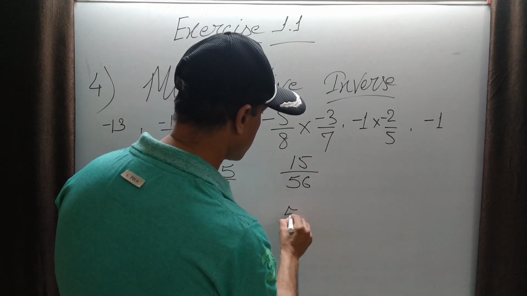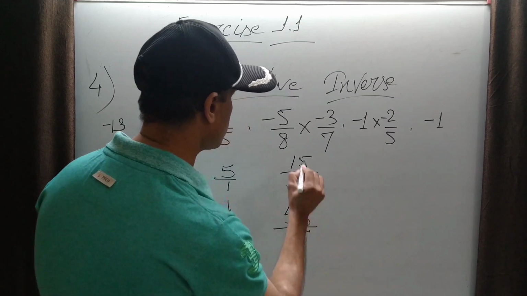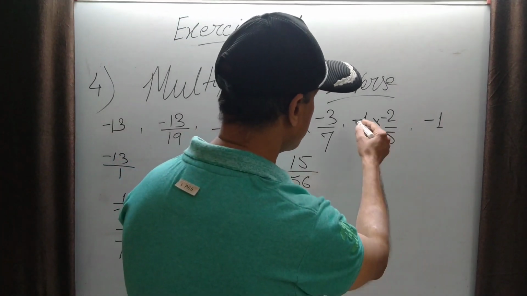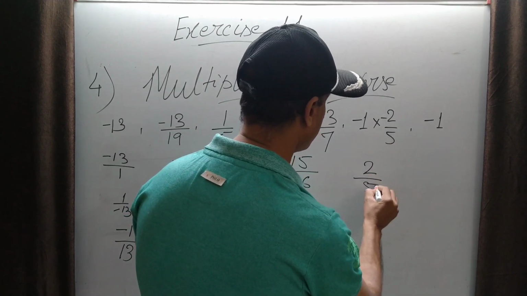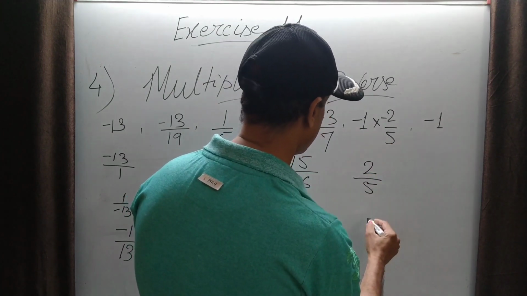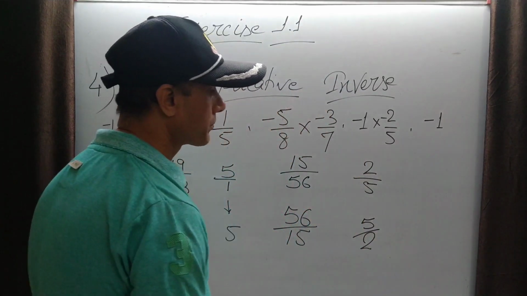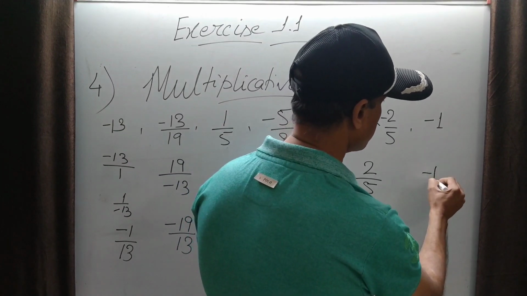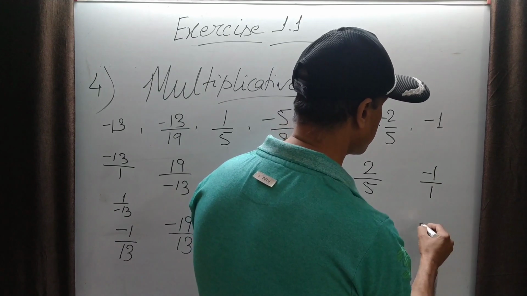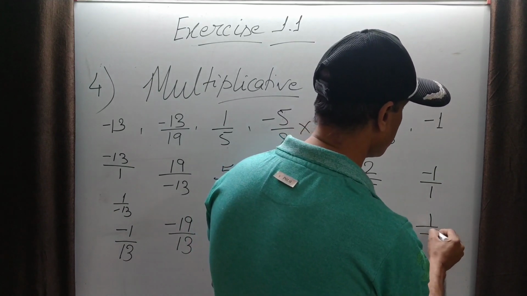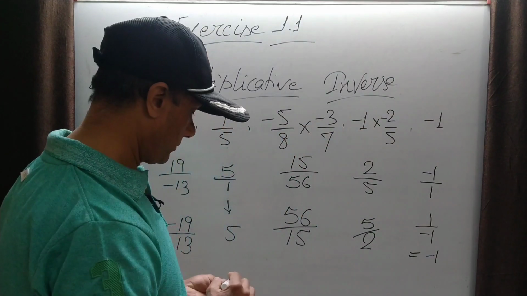The multiplicative inverse is nothing but write it upside down, that is 56 by 15. Similarly, minus 1 into minus 2 is nothing but 2, and this is 5, and the reciprocal of it is 5 by 2. And again, minus 1 is nothing but minus 1 by 1, and you again reverse it, so this becomes 1 by minus 1. This is nothing but minus 1. Correct?